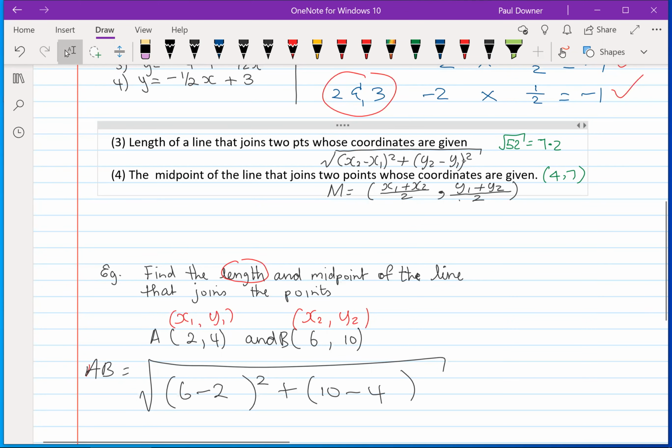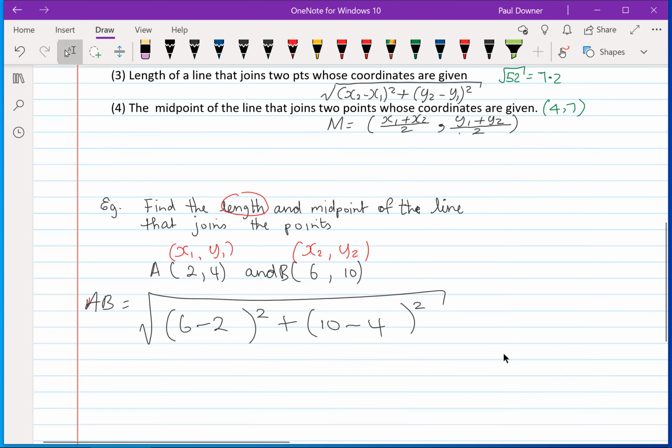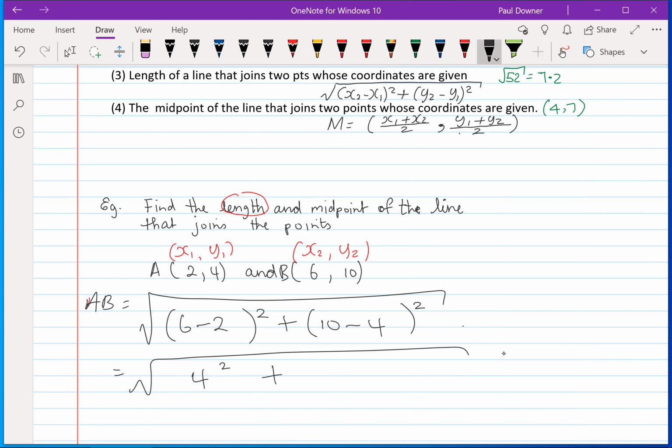Squared. So we're going to square it. Good. So that's how you're going to get the length of the line that joins A and B together. That line segment, we call it the line segment AB, and this is how you work it out. So that is going to be the square root, we still put back our square root sign. 6 take away 2 is 4 squared, plus 10 take away 4 is 6 squared.